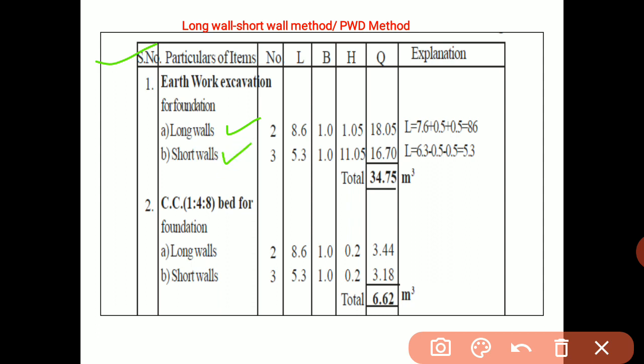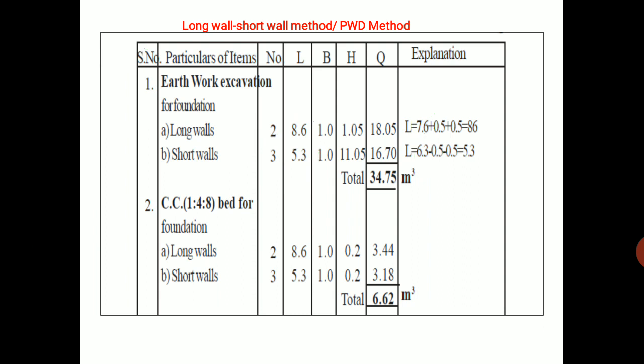So what is the center to center length we get? The center to center length we get is 7.6 and 3.6. Clear? 7.6 and 3.6 is the center to center length for the long wall and for the short wall. So what is the length for the particular item of work? For the long wall we are going to add one thickness of wall of that item of work.